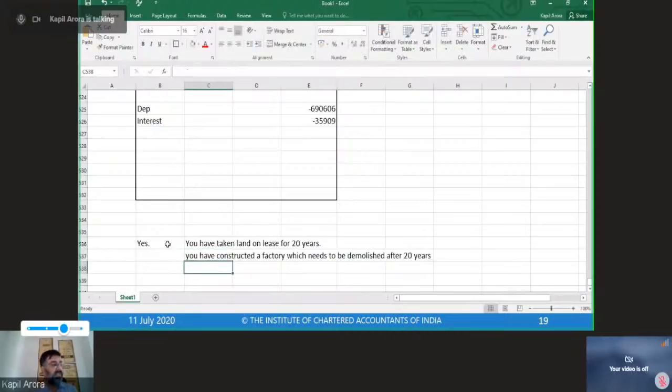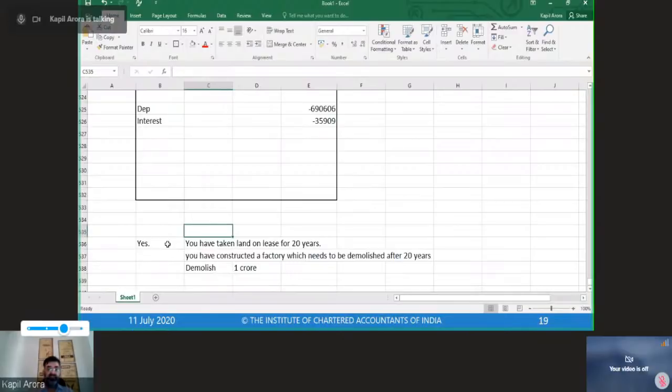And this demolition would require some expenses. Let's say demolition would require 1 crore. If demolition requires 1 crore rupees, then present value of 1 crore, because you know that after 20 years you have to spend this amount, becomes part of the asset.